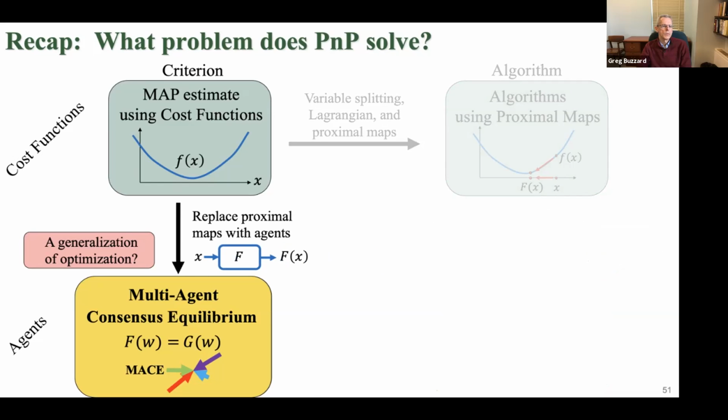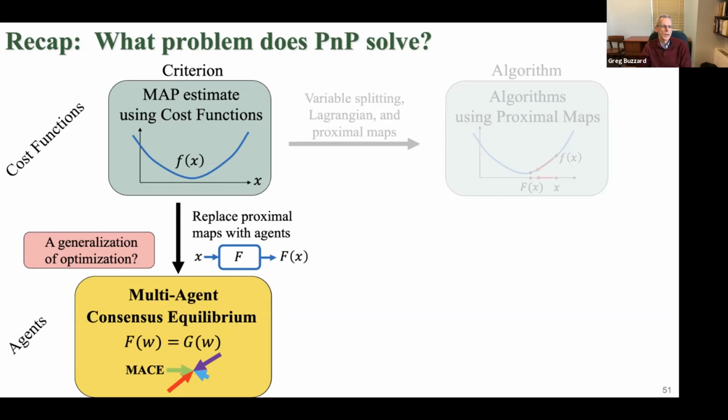Okay, so focusing on this problem formulation here. So we start with a MAP estimate using cost functions. So we're trying to minimize these functions. And then we can think about replacing each one of the proximal maps with agents. So in our cost function formulation, each cost function has an associated proximal map.